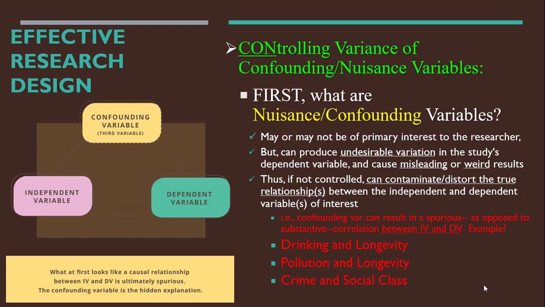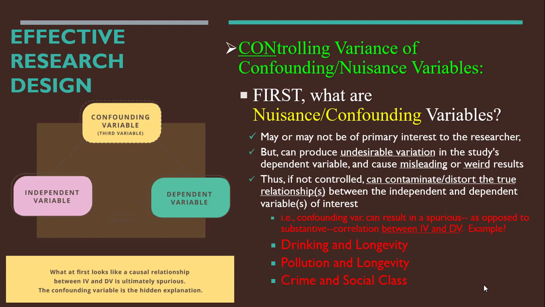The confounding variable is a hidden explanation that you are not even thinking about, but they contribute to the relationship that you are looking at. So you must take note of this when you are looking at your research design. How are you going to control for them?